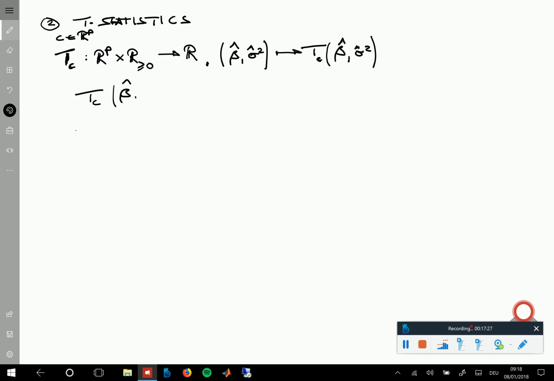So the value that this t takes is defined as the contrast weight vector transposed and then multiplied with the beta estimate vector, divided by the square root of sigma square hat times the transpose of the weight vector, X transpose X inverse, and c.